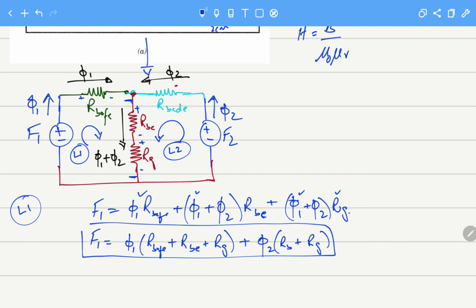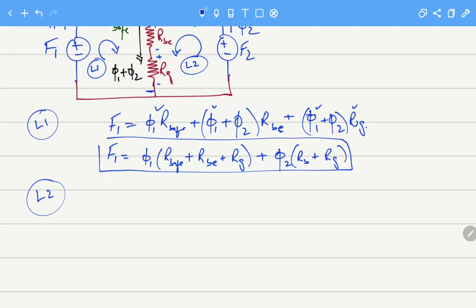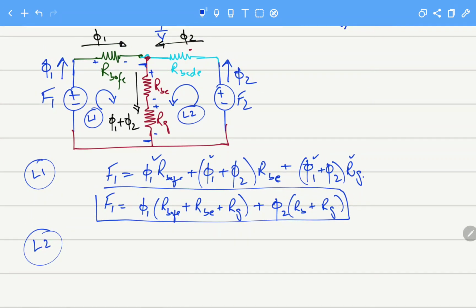And the second equation, for loop 2, in a similar fashion to what we have done here, we can calculate F2. That is flux 2 into RBCDE.